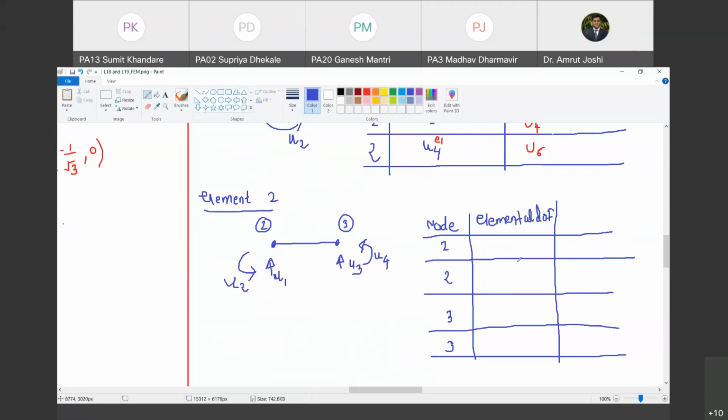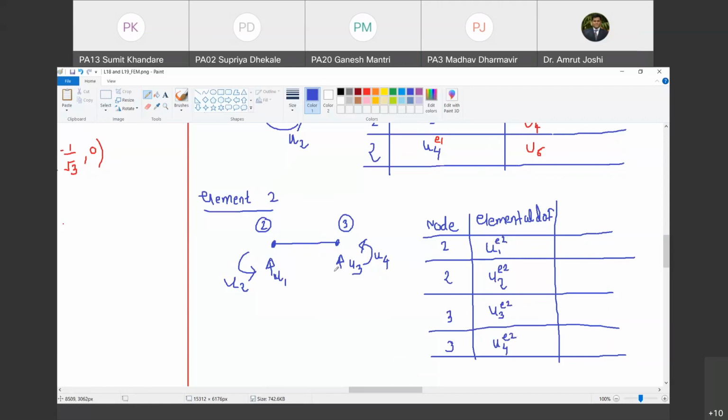So what are the elemental degrees of freedom? U1, U2 and U3, U4. These are for element number 2. So I am going to write down the superscript E2. Are you with me? Yes, sir.